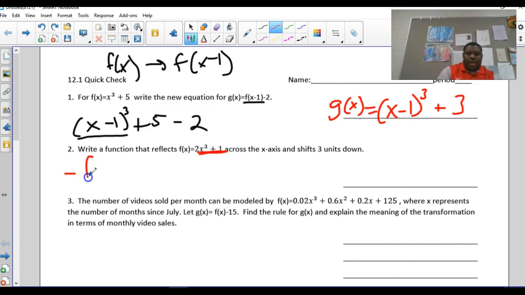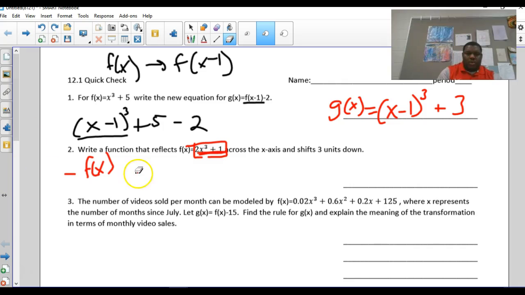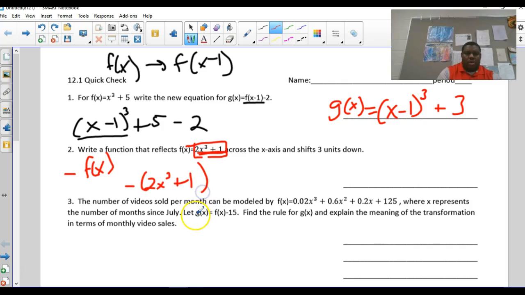We're going to reflect the whole f of x. The whole thing gets reflected, which means what you get here is negative 2x cubed minus 1.